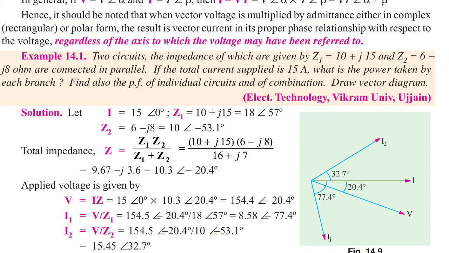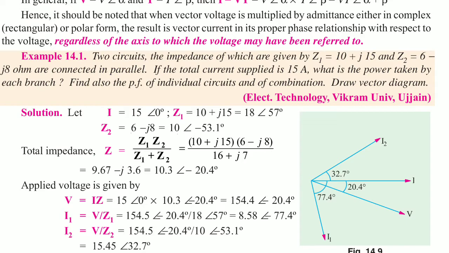So Z1 is 10 plus J15, that is in rectangular form. By converting this rectangular form into polar form, we get 18 angle of 57 degrees.